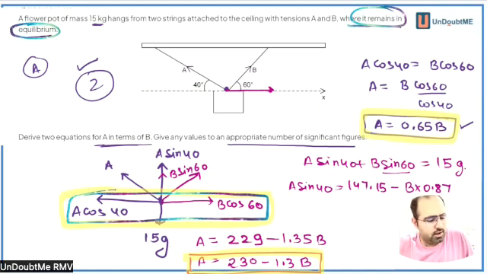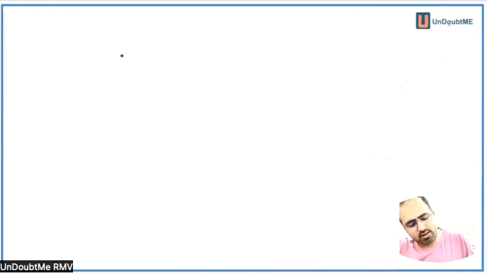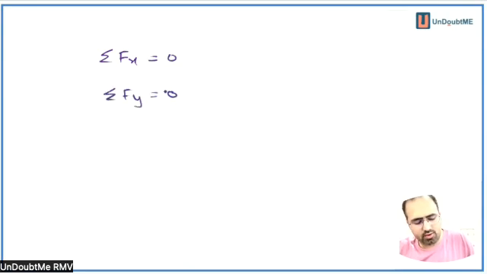In simpler terms, whenever the system is balanced, net forces in the x direction are 0 and net forces in the y direction are 0. Net means you have to simply add them, vector sum.